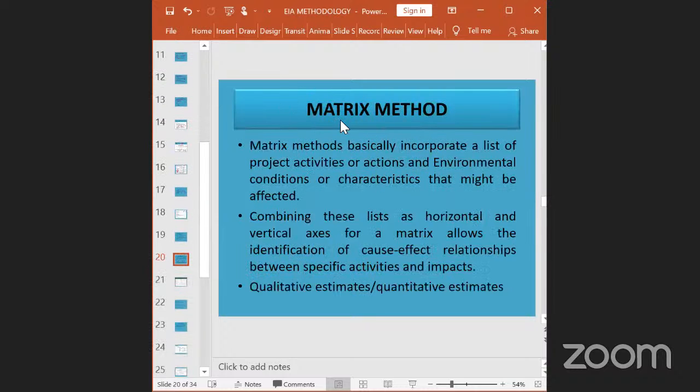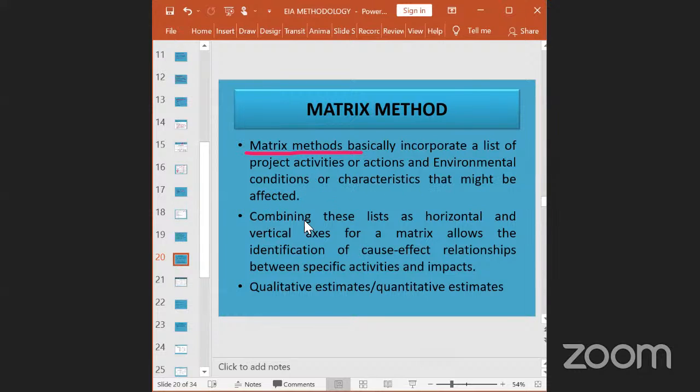And the next method is the matrix. Matrix methods basically incorporate a list of project activities or actions and environmental conditions or characteristics that might be affected. So this method identifies interaction, right? Interaction between various project actions and environmental parameters and components.